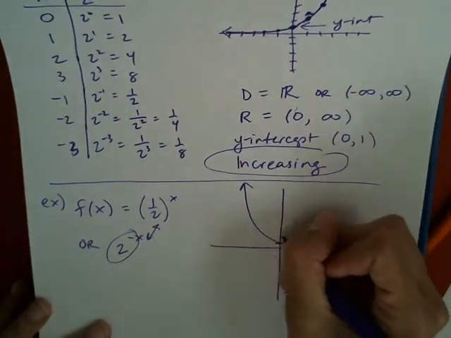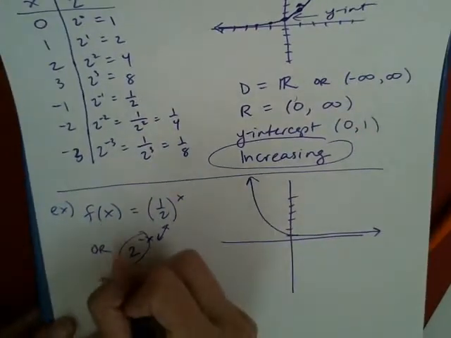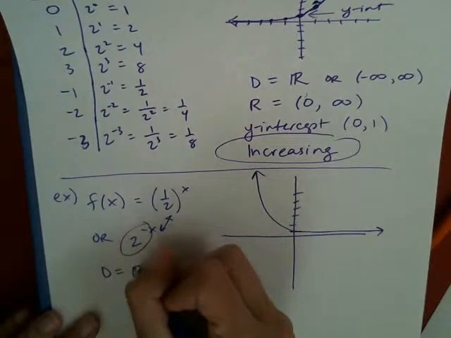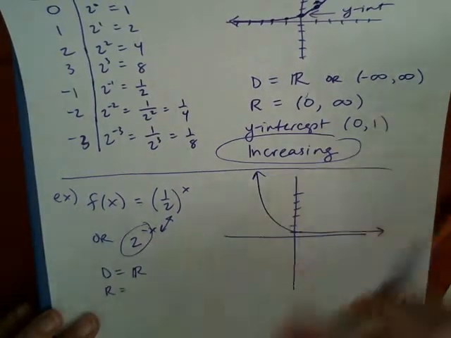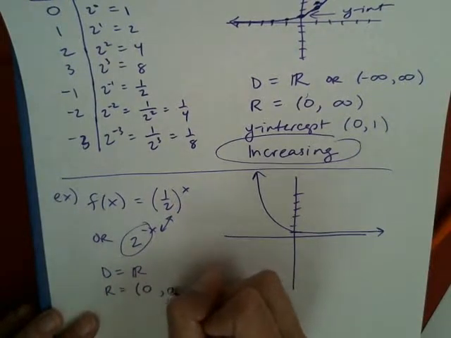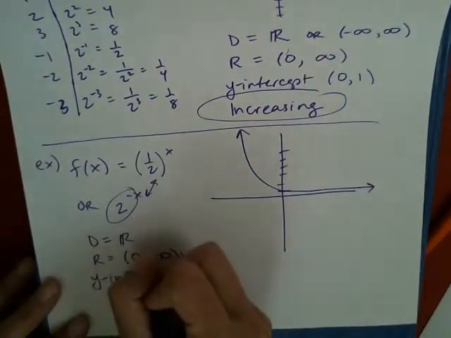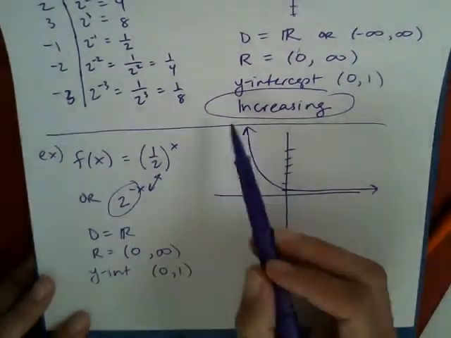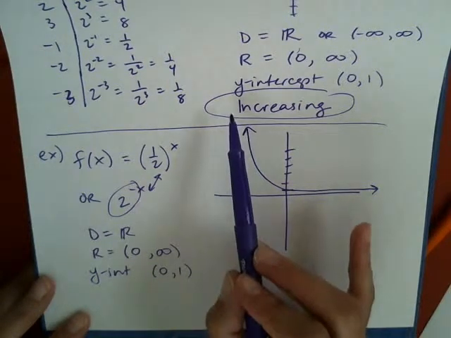So as I go through my properties, my domain is still all real numbers. Any x will work. My range is still, here's my range, lowest value is 0, so 0 to infinity. And what else do we do? The y-intercept. The y-intercept is 0, 1. The only thing that I changed in terms of its characteristics is the fact that this is decreasing.